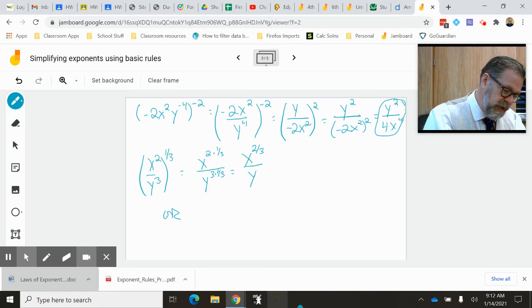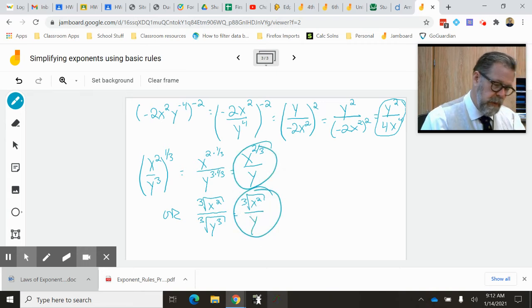Or I could say this is the cube root of x squared on top and the cube root of y cubed on bottom. But notice that the cube root of y cubed is just y, so an alternative way to write this in a more simplified form. These are both acceptable. It really just depends on what you're trying to do.